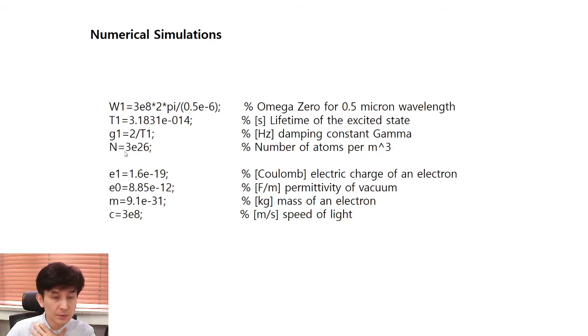and N is the number of atoms per meter cubed, that is 3 times 10 to the 26, and the electric charge E is equal to 1.6 times 10 to the minus 19 coulomb, and permittivity of a vacuum is epsilon 0, and m is the mass of electron, and c is the speed of light.